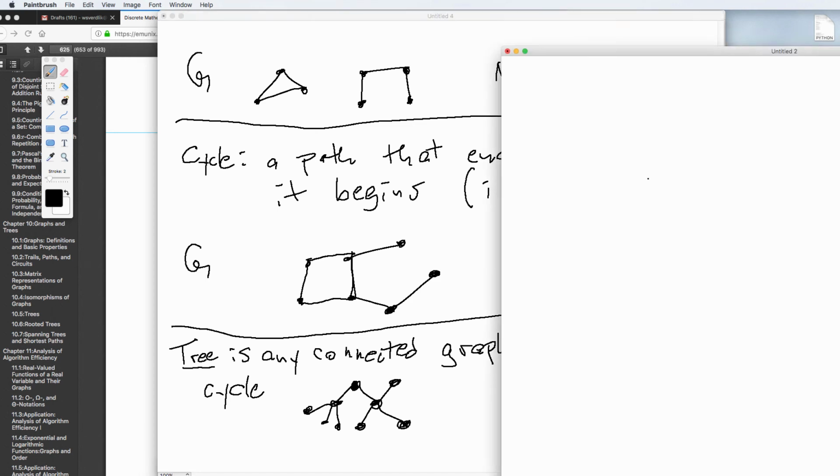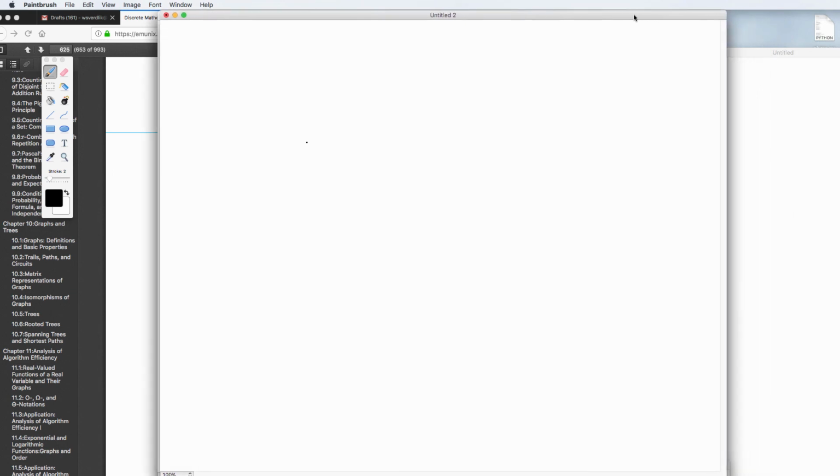A couple more definitions here. I'm going to call these famous graphs.